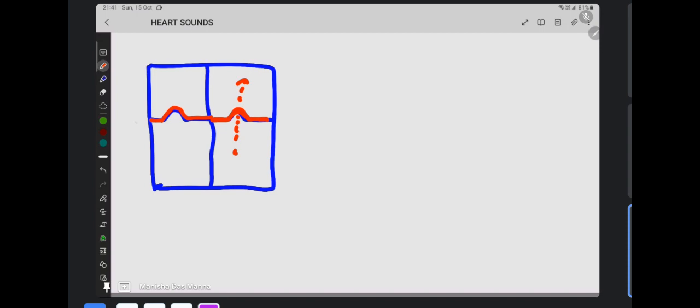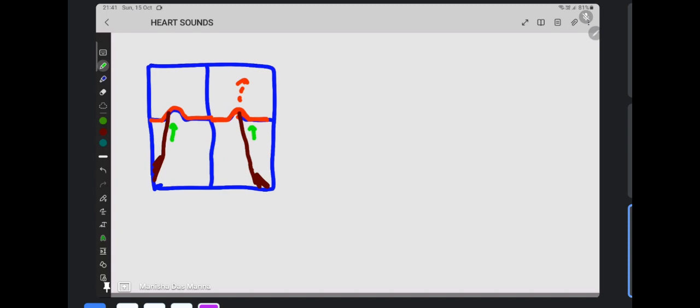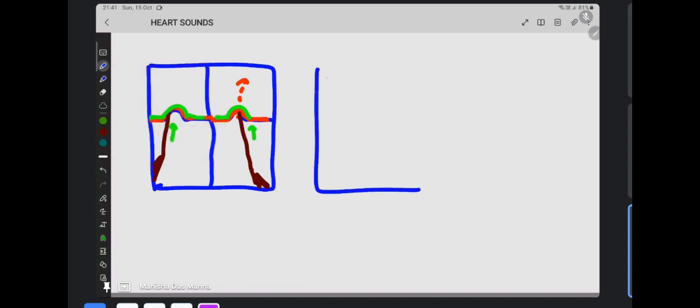But the chordae tendineae prevent this. Let's imagine this is the chordae tendineae, and this is your papillary muscle. The chordae tendineae become taut and prevent the backward bending of the atrioventricular valves. And this tension in the chordae tendineae actually causes this.